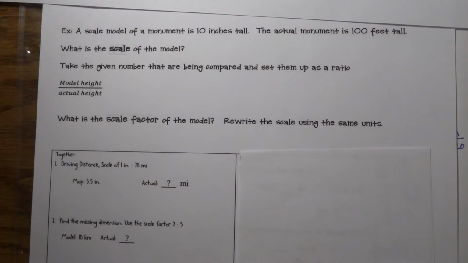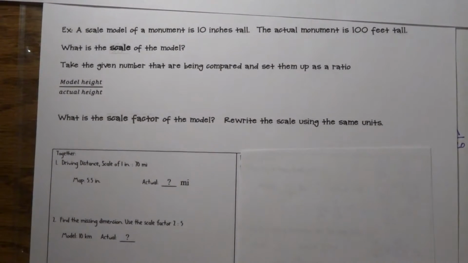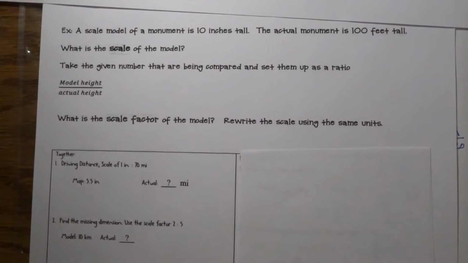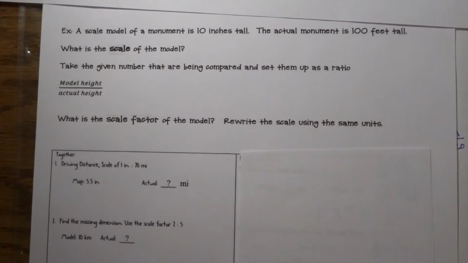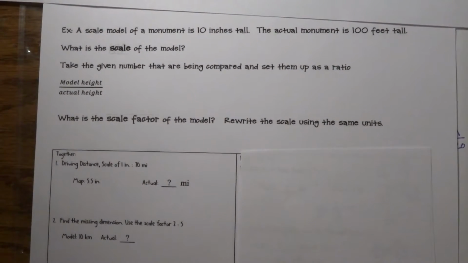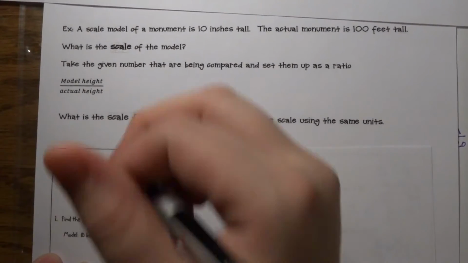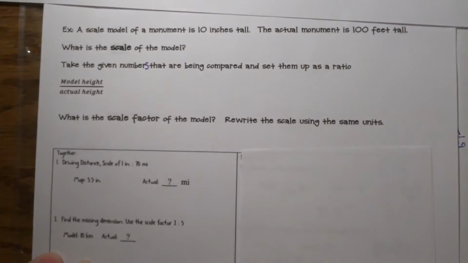Okay, our next example is a scale model of a monument which is 10 inches tall. The actual monument is 100 feet tall. What is the scale of the model? So we need to take the given numbers that are being compared and set them up as a ratio.